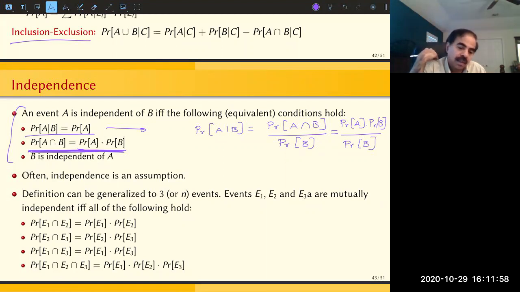And so now we can cancel out Pr of B from the numerator and the denominator, and we get Pr of A given B is Pr of A.